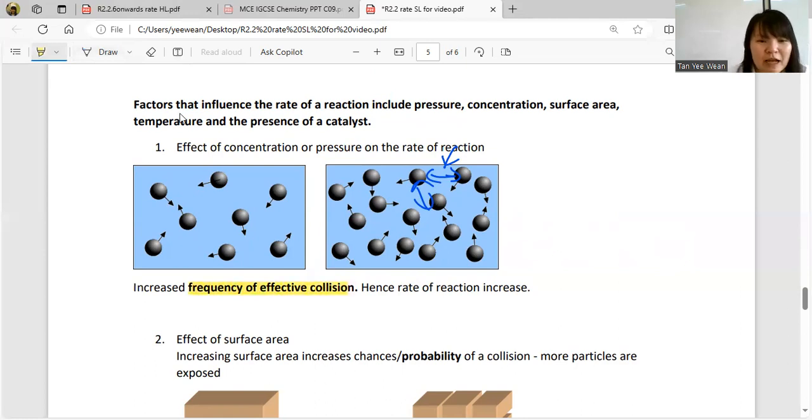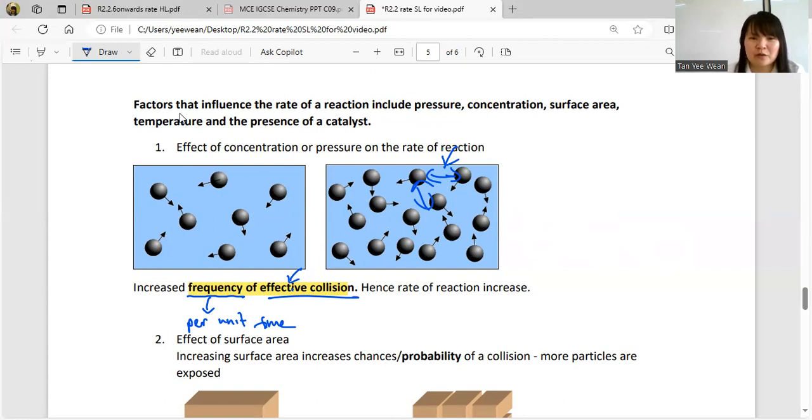Take note that you must have the word frequency or per unit time, and you must say effective collision. I won't accept just collision. You know that effective is a keyword. So both things must be there, effective collision and per unit time or frequency.